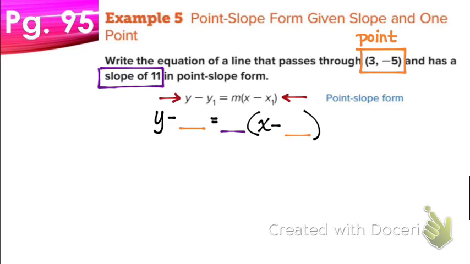The x and y parts of my ordered pairs go on these lines, and my slope goes right here. What is the slope? It is m, but what's the value we're substituting in? 11. So right here, I'm going to substitute in 11 for my slope.